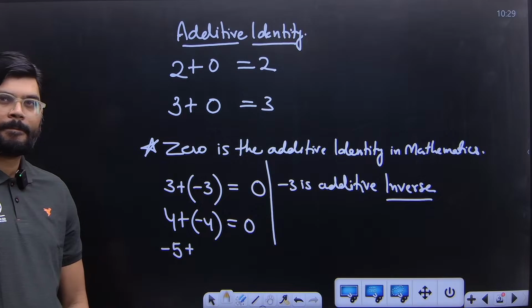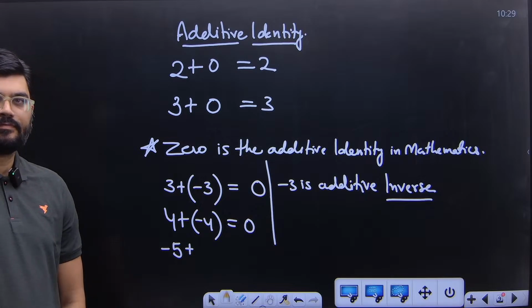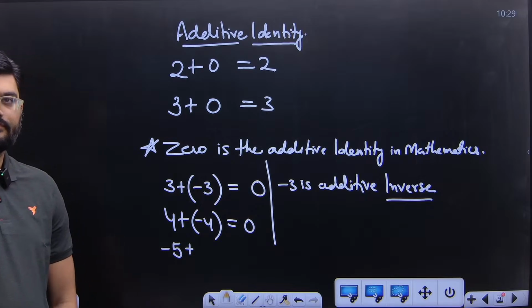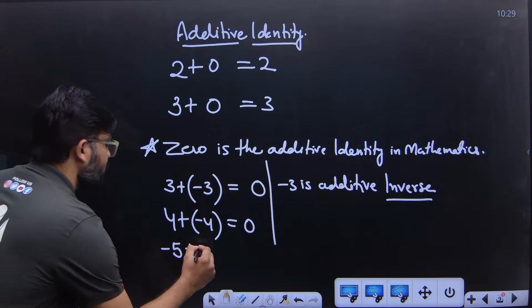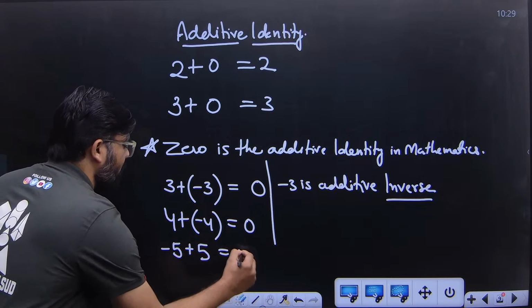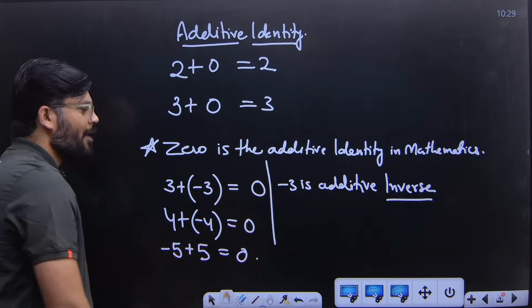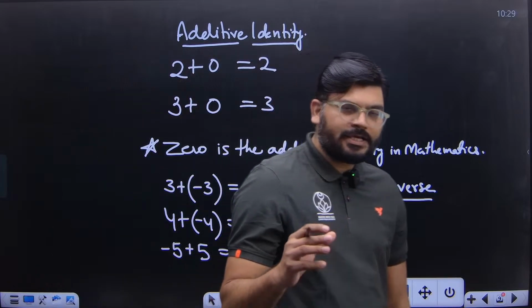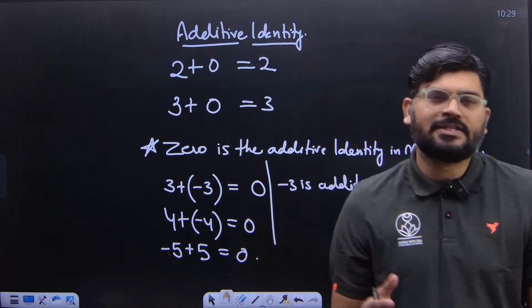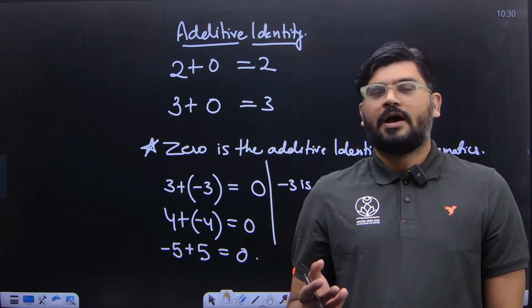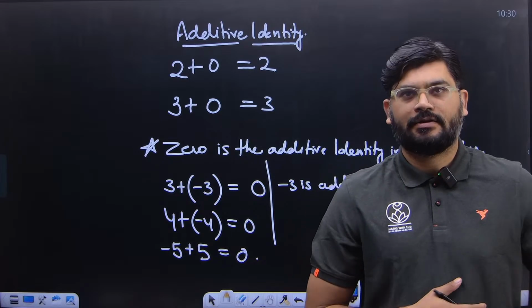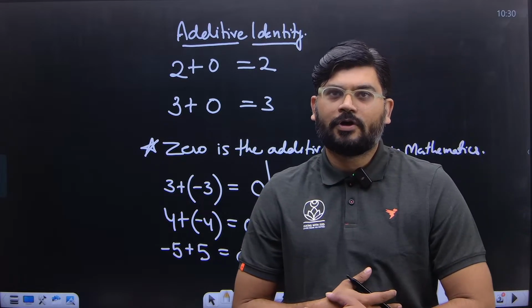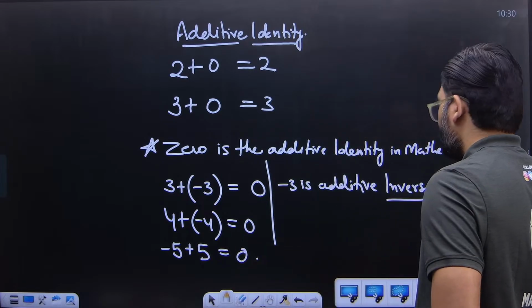That would be 5. Wonderful, because negative 5 plus 5 will become 0. So it's very easy to understand the additive inverse. It's just the opposite of the number. Opposite means I am talking about the sign.